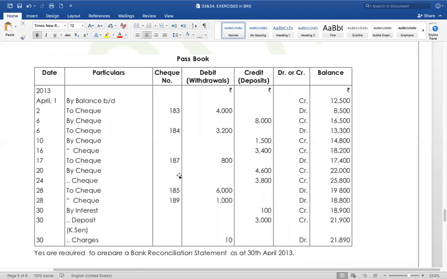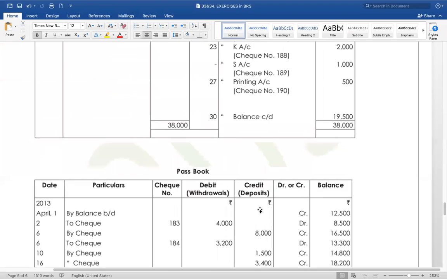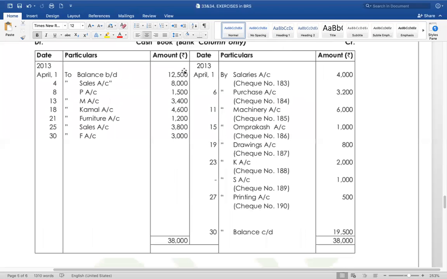Okay, one more. There's one more item. Look at this, 3,800. Then 100 is appearing here, but this 100 is not seen here. Okay, this 100 is not appearing here. Okay. Done. We are done with this.